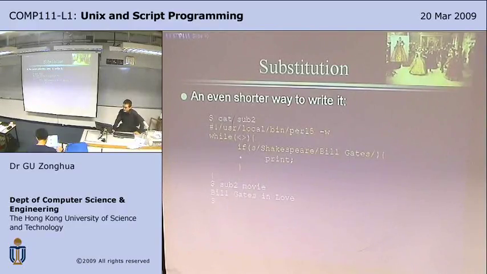So a shorter way is just to say if substitute. In the previous program, we checked if the regular expression matches or not. If it matches, then we substitute the regular expression with another string. But here we can simply say substitute.